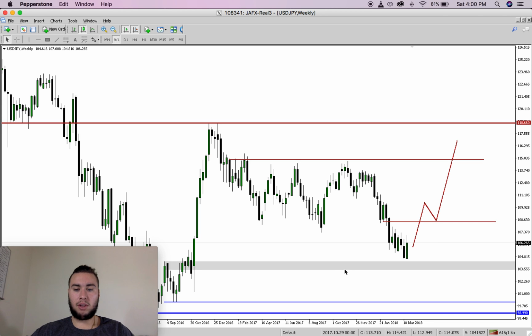Since it's a monthly level, it's a strong, key higher time frame level. So anytime it trades into that or gets near it, you're typically going to have some sort of reaction. We don't know if that reaction is just going to be up here to hit this resistance level and then trade lower, which would look like this: trade up, hit it, sell off, and then make new lows.